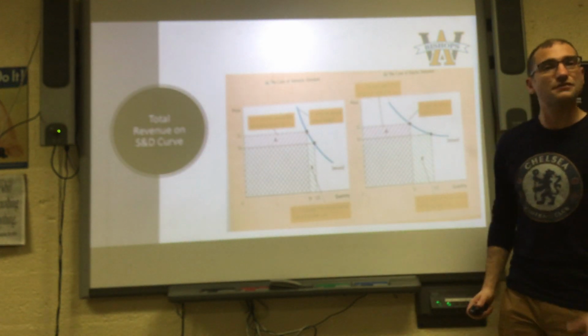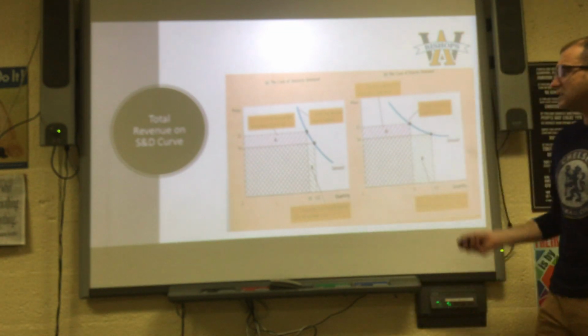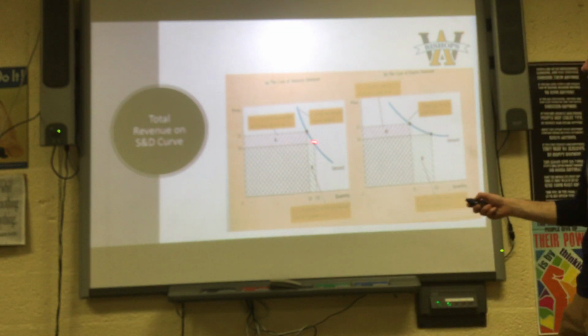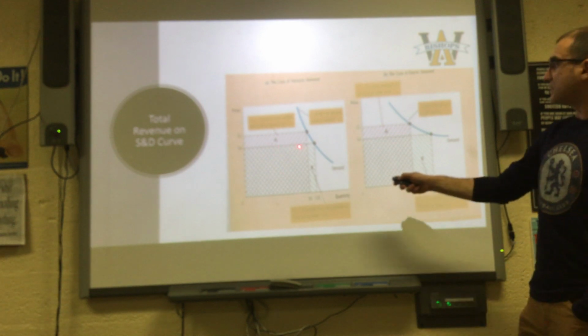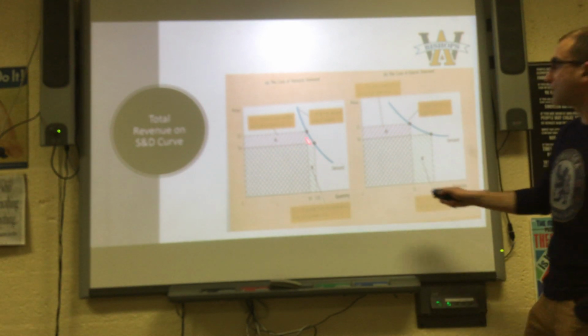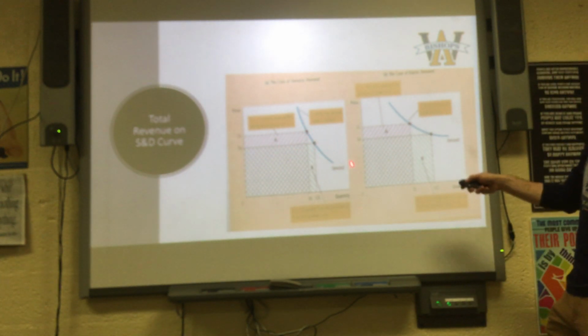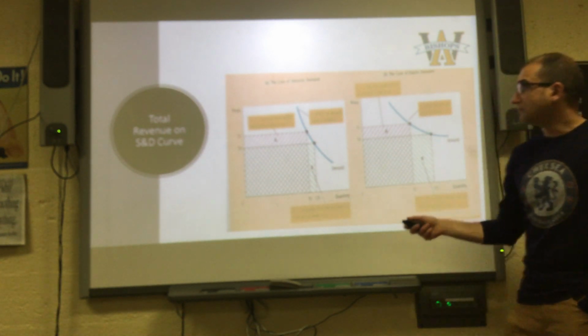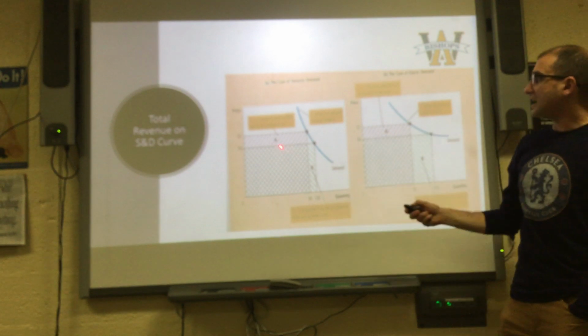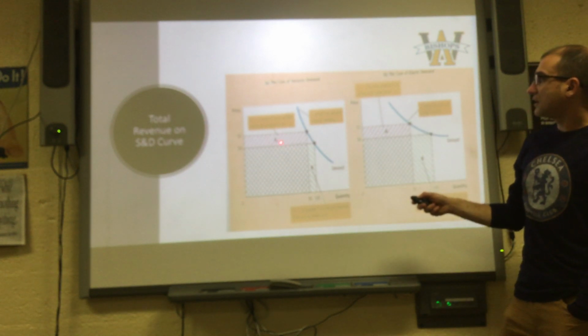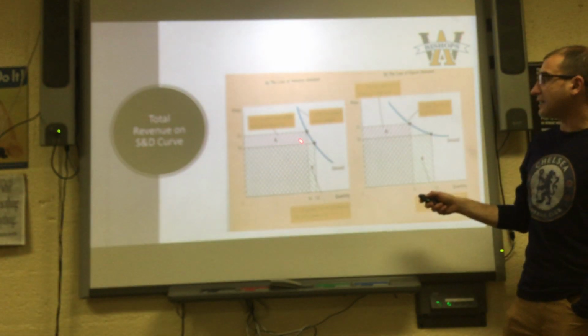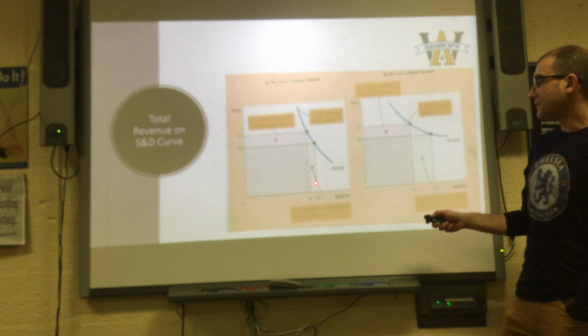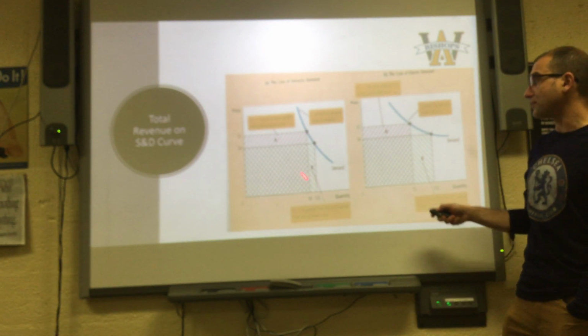We can represent this graphically as well. It's really kind of hard to see, but here's my old price, new price, here's my curve, you can see it's kind of vertical, so it's inelastic. This gap here is the extra revenue you get from selling at a higher price. This gap here is the lost revenue you have from fewer units.